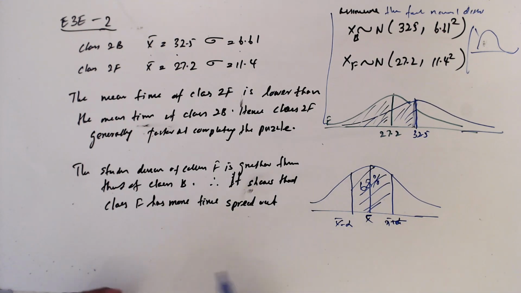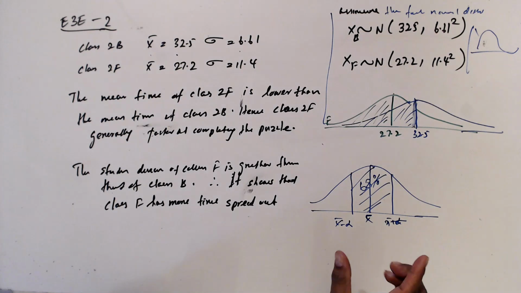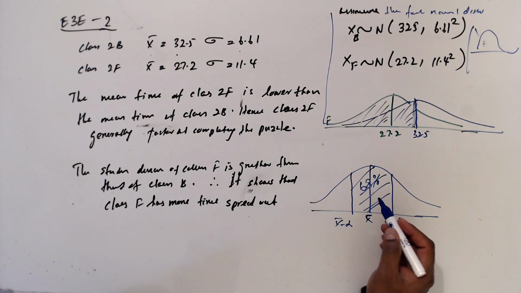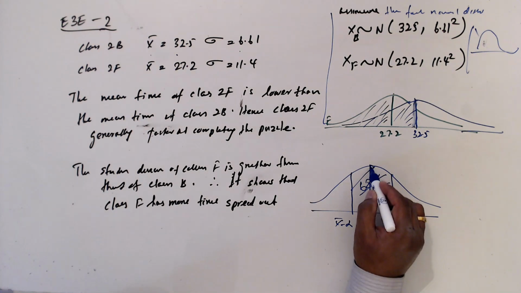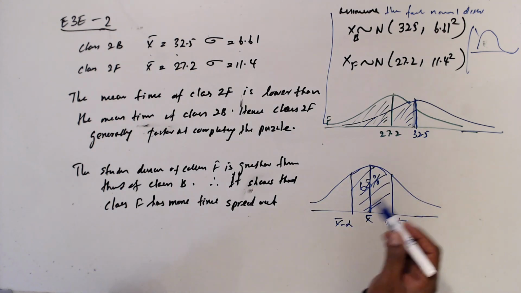So when you look at this one, 27.2, it has less spread out. It means the data peak may be higher.